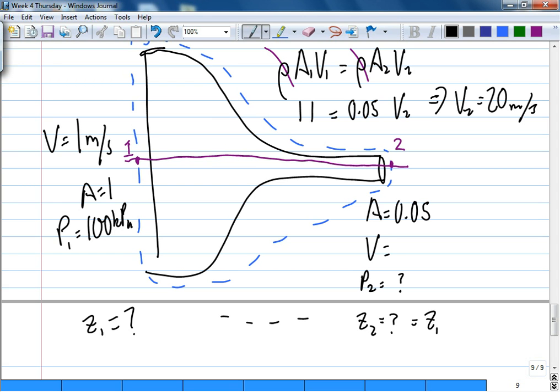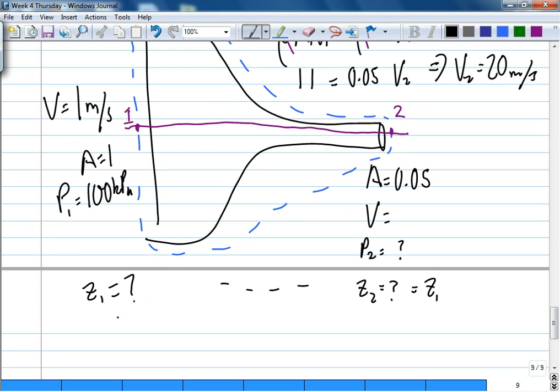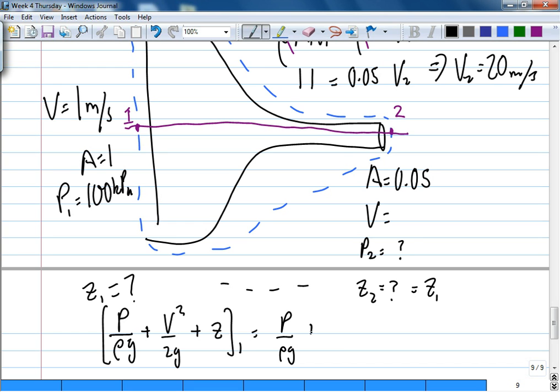Is that alright? So let's try to estimate what P2 is. P on rho g plus V squared on 2g plus Z at point 1 is equal to P on rho g plus V squared on 2g plus Z2 at point 2.